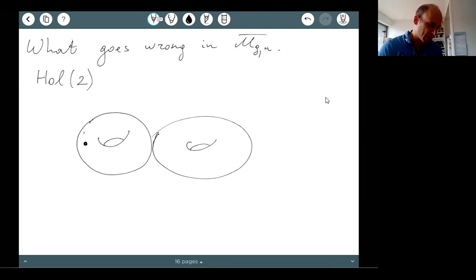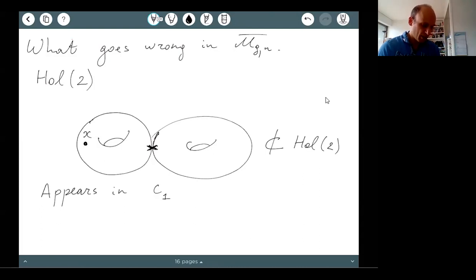So this is the point X, and this is a simple self-intersection. This is a stable curve. So what I say is that this boundary locus, so this is a boundary divisor, one of the boundary divisors, is not in the closure of the holomorphic locus, but appears in C1 of R1.